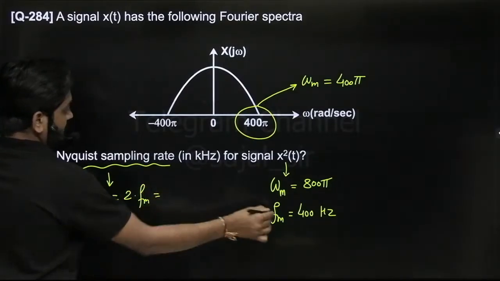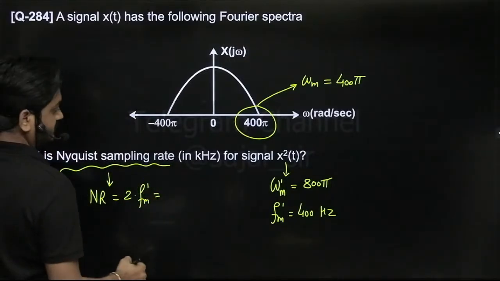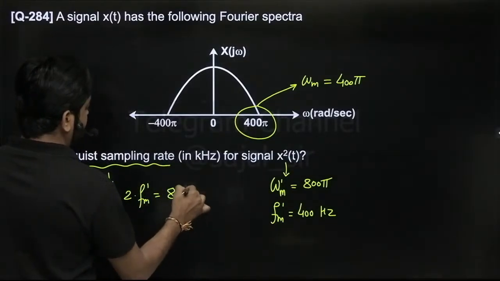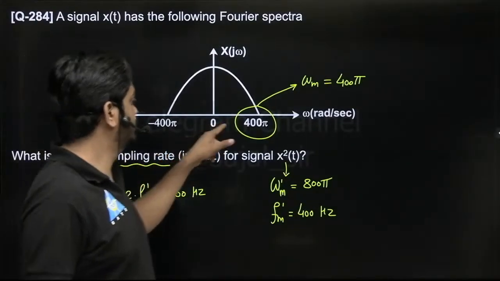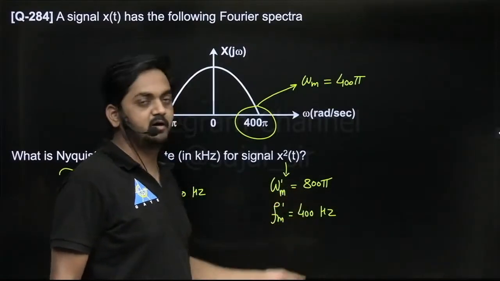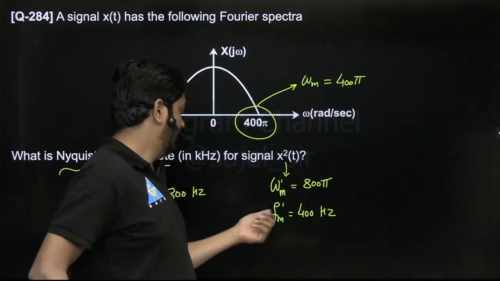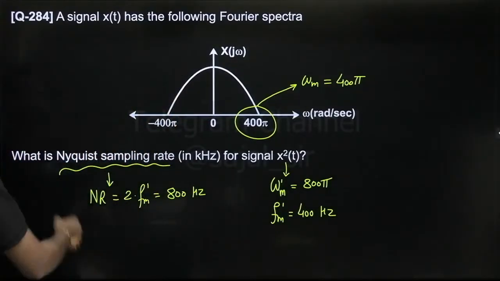Here I am writing fm dash. Double of fm dash is nothing but 800 samples per second or 800 hertz after taking square. The maximum frequency is 400 pi; after taking square, it will be 800 pi, double. Then fm is 800 pi divided by 2 pi, so the Nyquist rate will be 800 hertz.